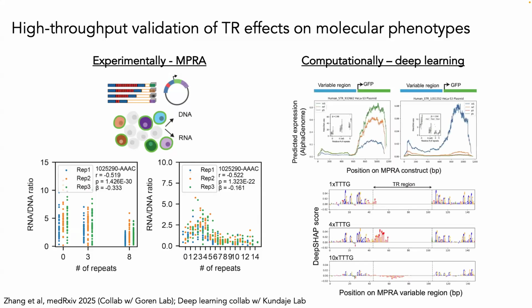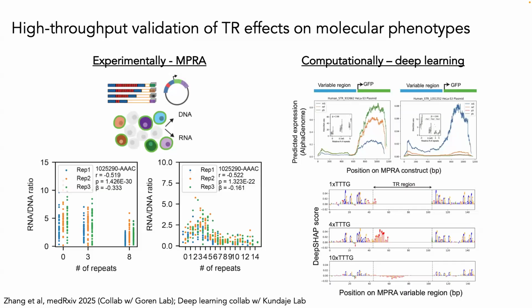The other kind of high throughput way we're trying to go about these is using these exciting sequence to function models that are now coming out. This is an example with AlphaFold, which I'm not going to go through in detail, but scarily predicts our MPRA data really well. I'm like, maybe we don't have to do the next round of MPRA.